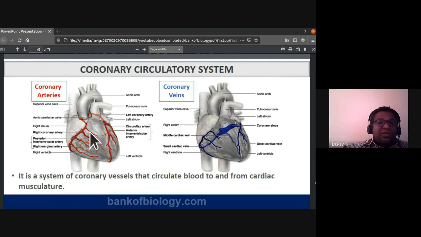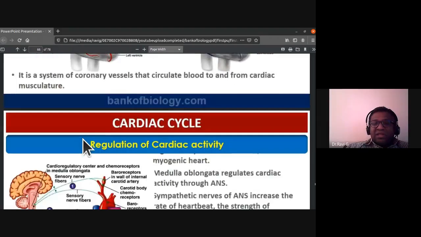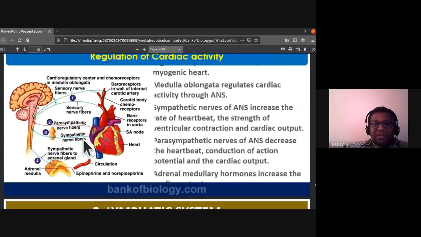The muscles also require oxygen and nutrients. So whenever there is a blockage of coronary arteries, that leads to a heart attack or myocardial infarction, which I told you about. Okay.